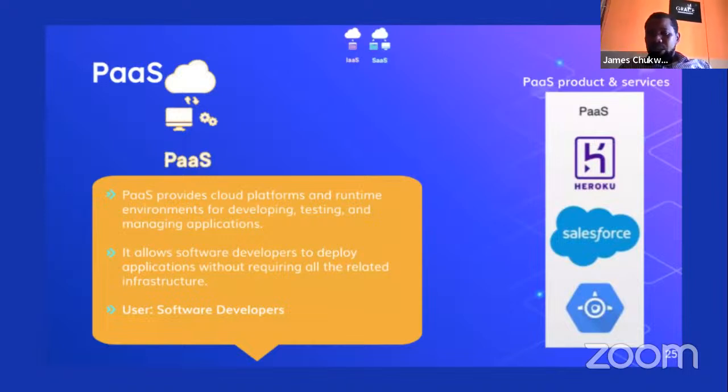It allows software developers to deploy applications without requiring all the related infrastructure. That's what it does. And the users of platform as a service are usually software developers.